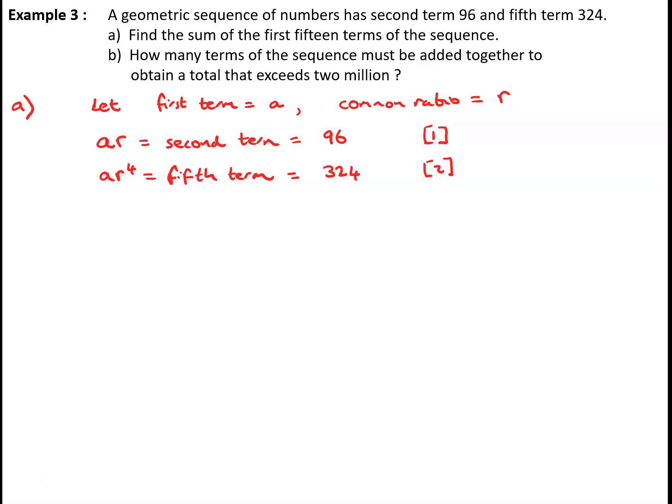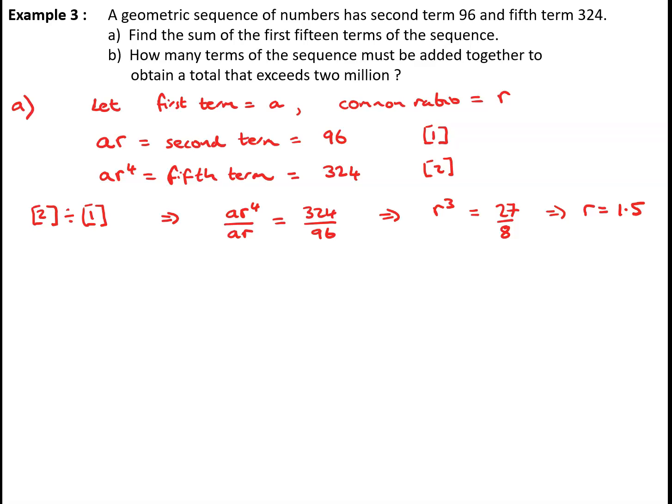If I take equation 2 and divide it by equation 1, that gives me ar to the 4 divided by ar is 324 divided by 96, which simplifies to r cubed is 27 over 8, and taking the cube root of 27 over 8, I obtain r equals 3 over 2 or 1.5.